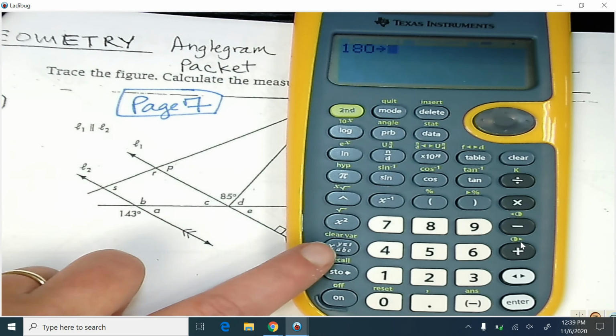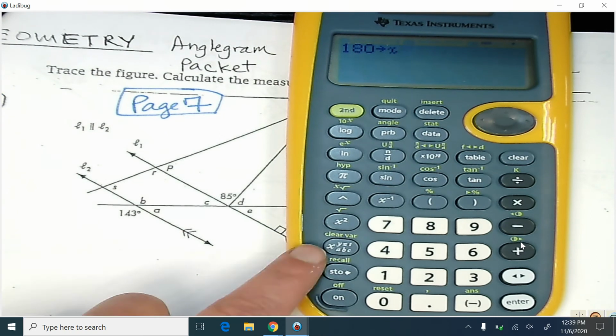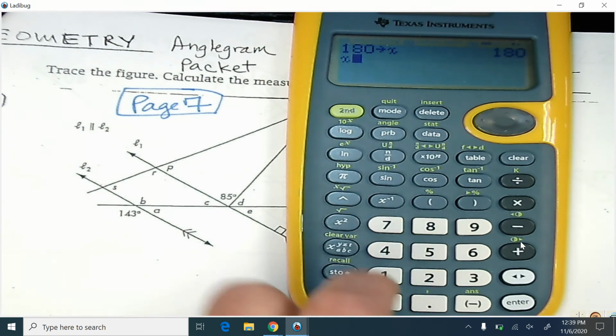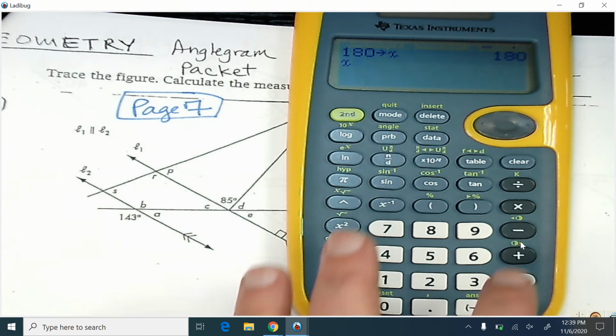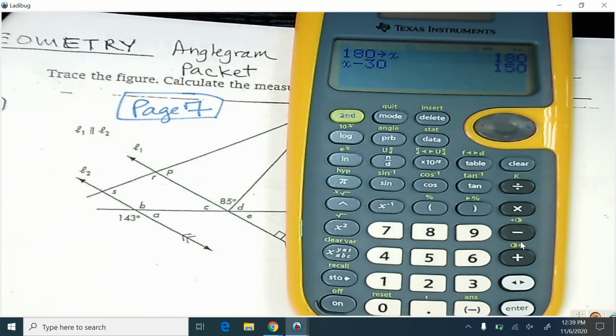I have an arrow to the right for X, and X is right above that, and then I hit enter. Now when I do X, that means it's 180. So if I do X minus 30, I should get 150, and I do. So instead of typing 180 over and over again, I can just hit X.